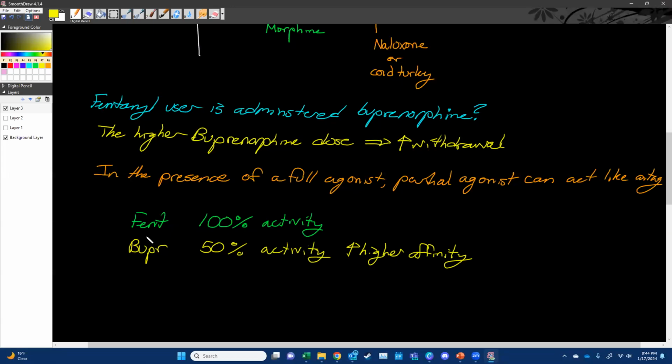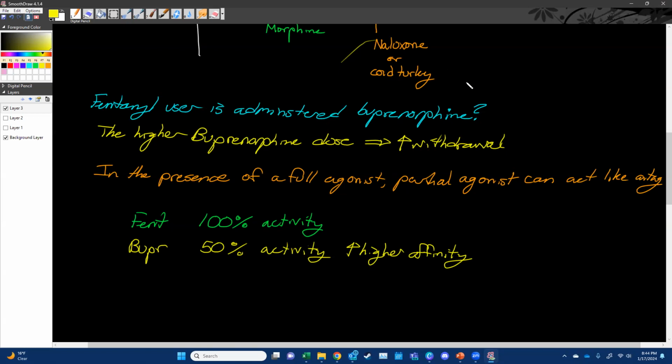So what this means is that when you give buprenorphine, it's almost like you're giving naloxone, right? Because in the presence of a full agonist, a partial agonist can act like an antagonist. So if you give buprenorphine to someone who's on a full agonist, it's almost the same thing as giving naloxone.